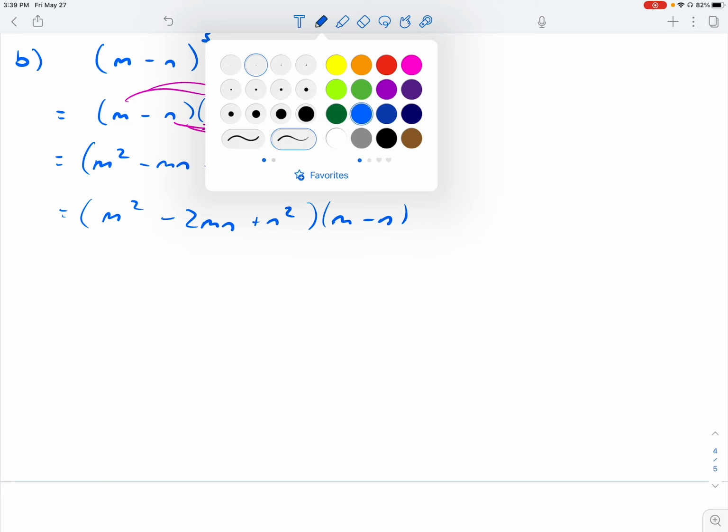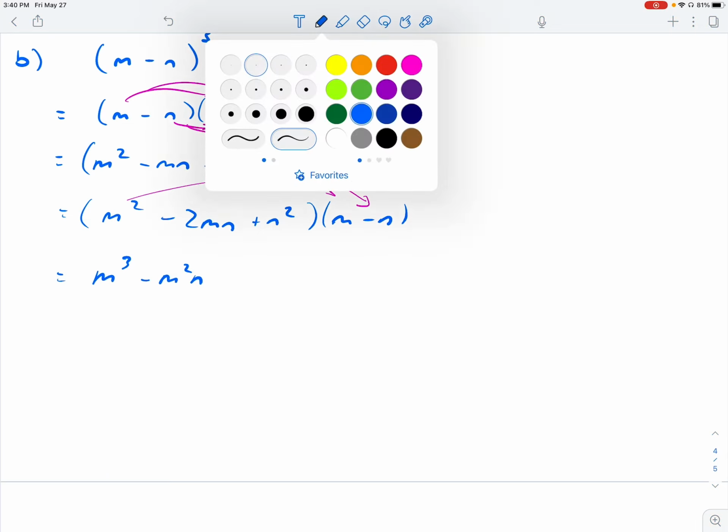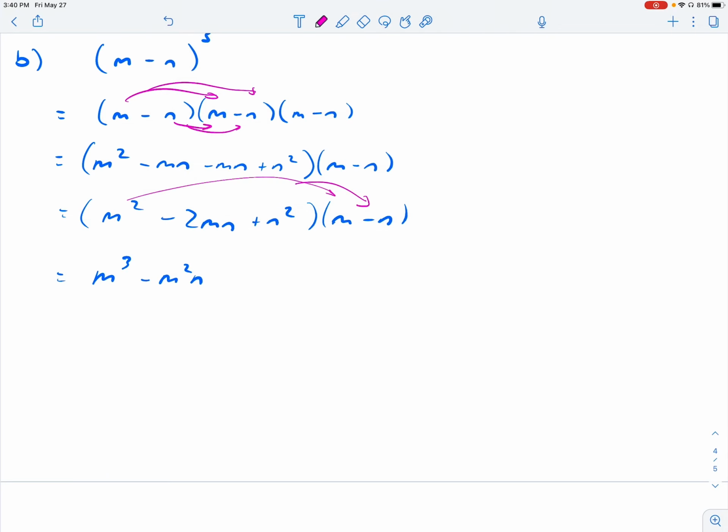Okay, now we've got to distribute again. So the first one goes into both. M squared times m is m cubed. M squared times negative n is minus m squared n. Okay, then the next, we're going to have this term times m, then times negative n. So we'll have minus 2, m times m is m squared, then n.